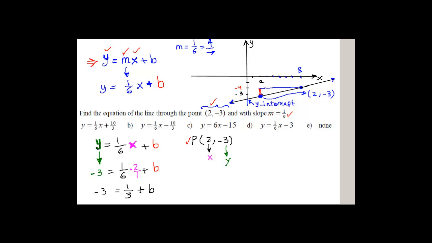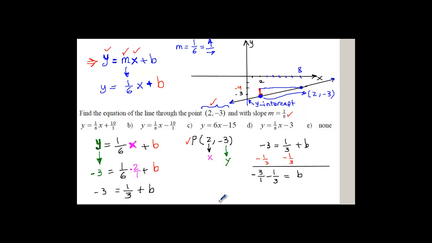So how do you solve for b now? Subtract 1/3 from each side. We have subtracting 1/3 from both sides of the equation. So here I get -3, or -3 over 1, minus 1/3 is equal to b.